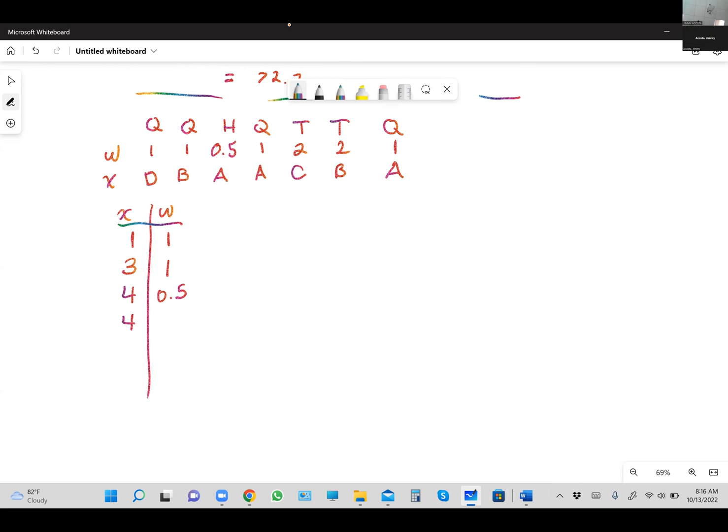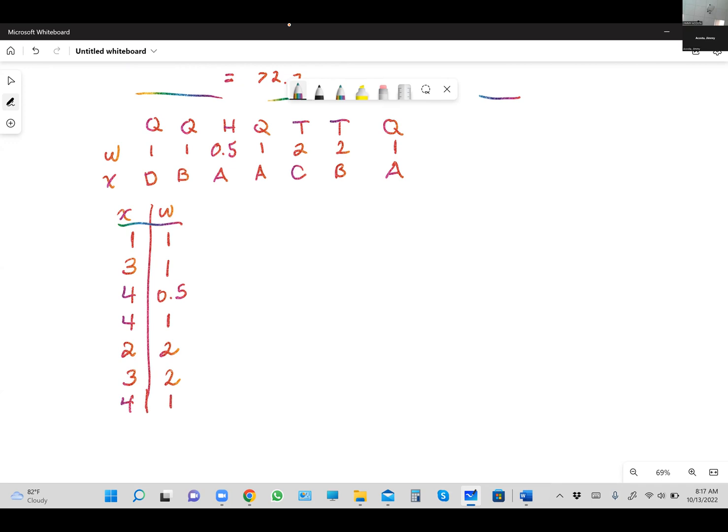How much is the weight? The next one is a C. What's the point of a C? And how much is the weight? And a B, 3. How much is the weight of that B? And then you have an A. What's the weight of that 4?